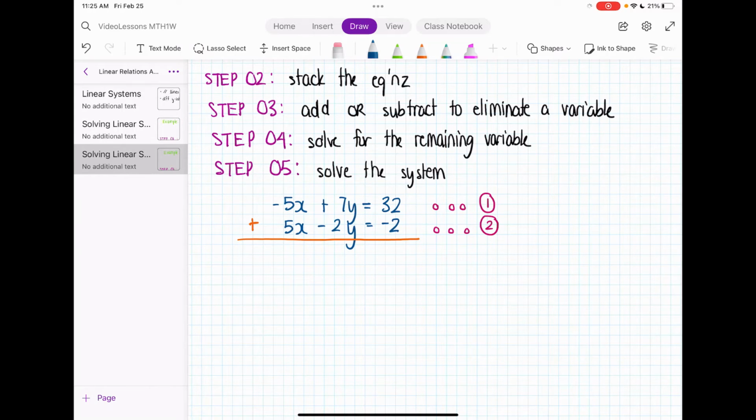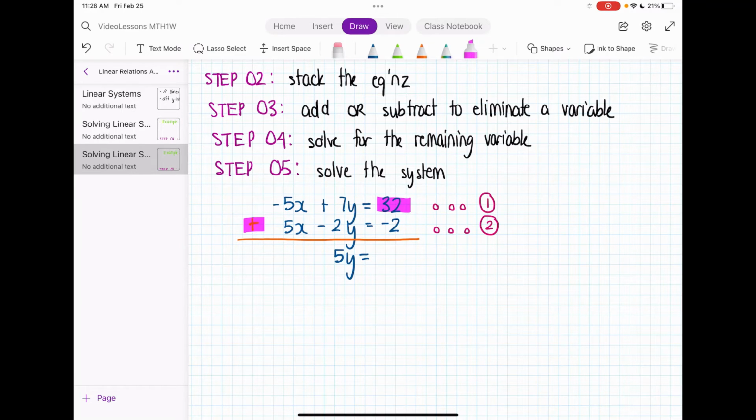Then you have, and this is important, 7y plus negative 2y. That is like saying 7 minus 2. And that's important for you to realize what we're doing there. So that becomes 5y.